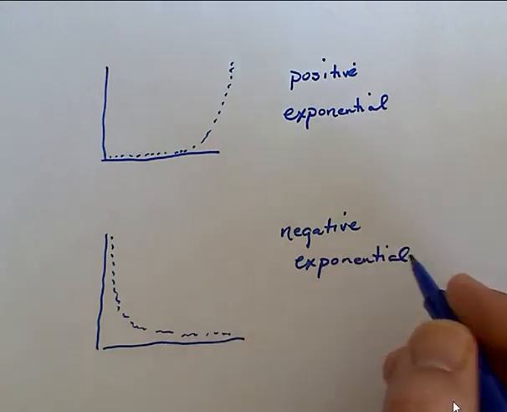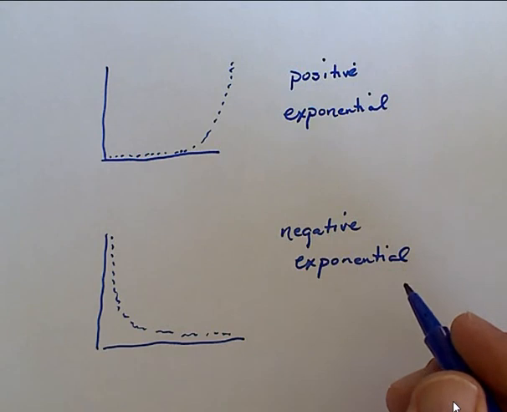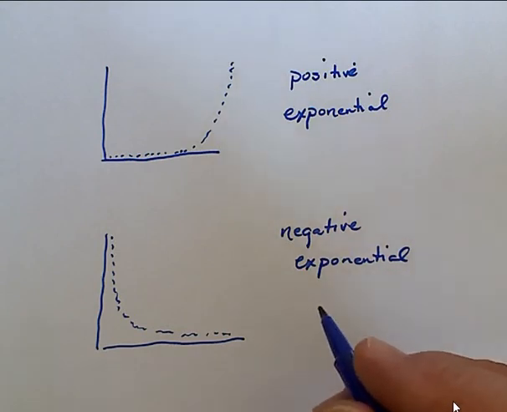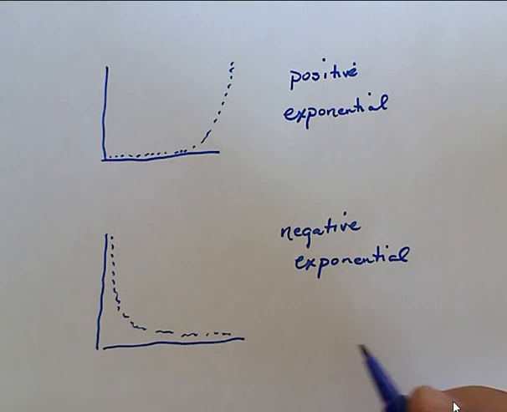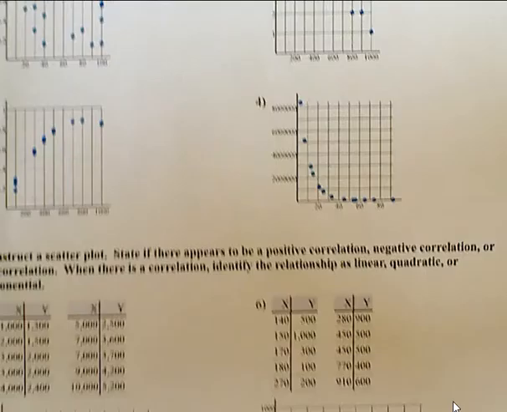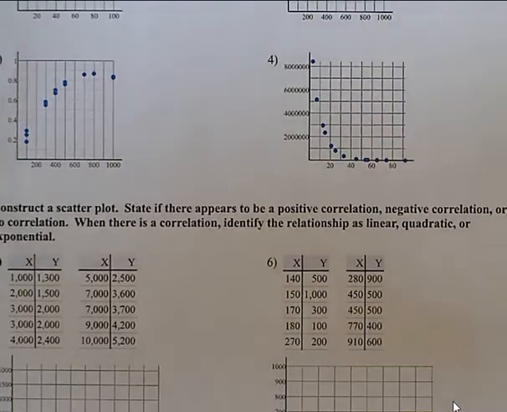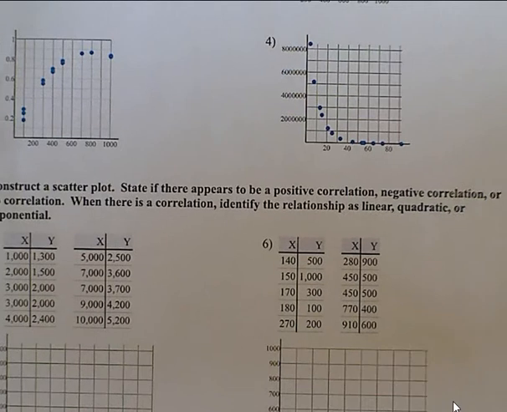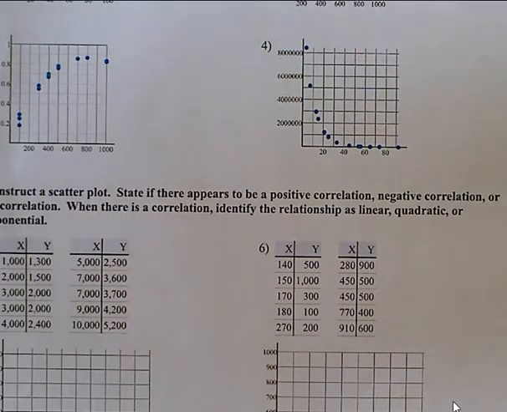So once we've determined whether it has positive, negative, or no correlation, the other terms that go with it are going to be either linear, quadratic, or exponential. So looking at two examples here, look at number 3. Of the 6 problems here, for the first 4, all they want you to do is determine, is there a correlation?